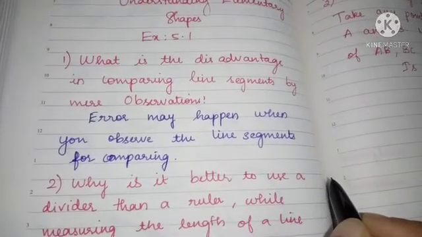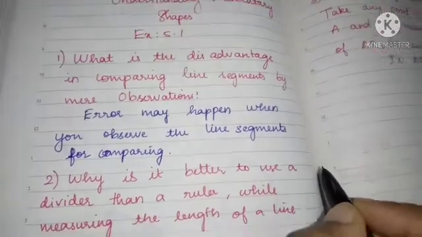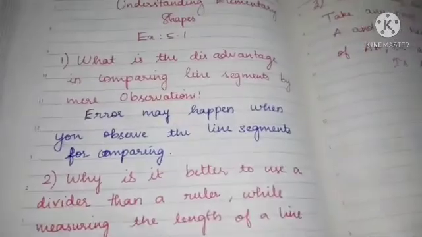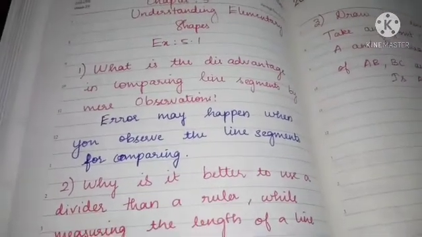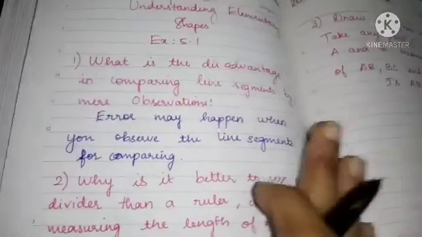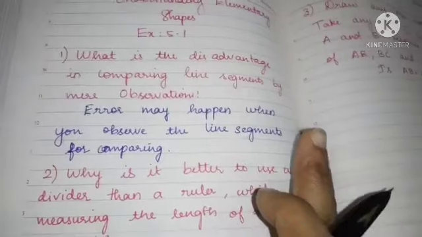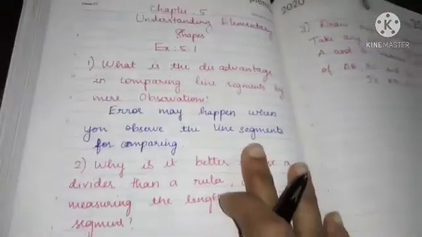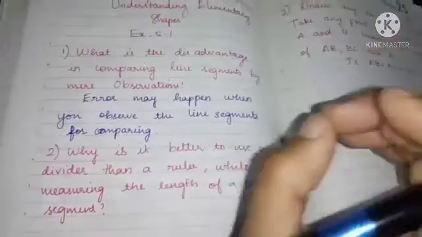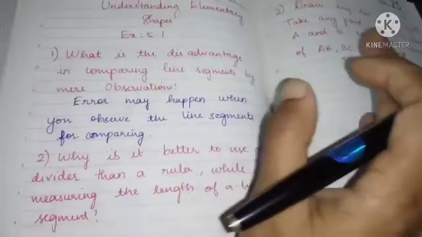Error may happen when you observe the line segments for comparing. When we compare by observing the line, there will be some errors. Sometimes when you see one figure and another figure, at times you think that this one will be greater, but when you measure accurately, we can find it out. Okay, these are general questions.